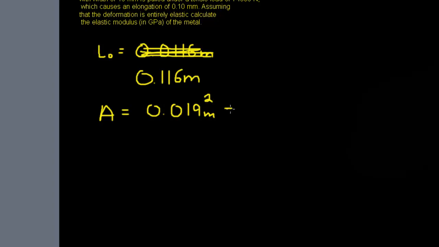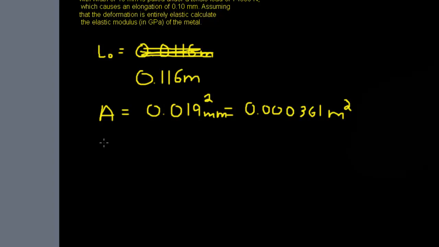Let me calculate this. 0.019 squared equals 0.0000361 meters. Sorry, this was supposed to be millimeters. Anyways, now we have millimeters squared and we have meters squared.